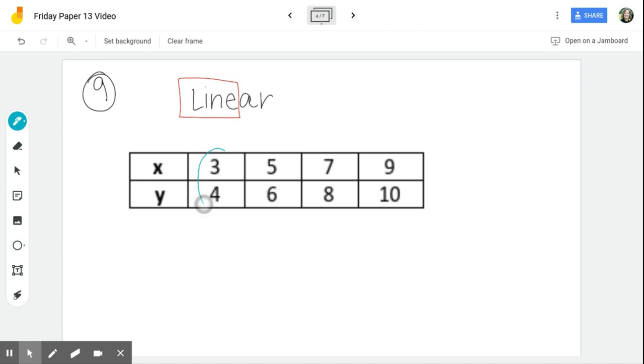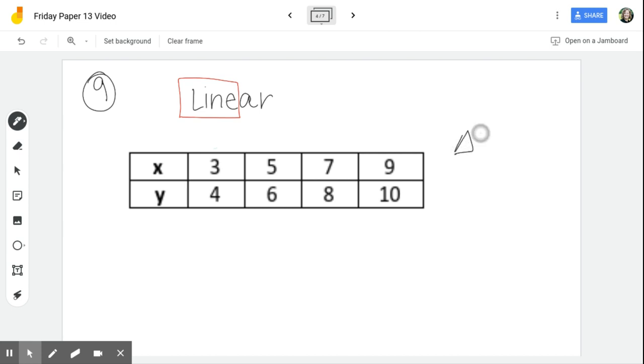for instance, this would be 3, 4. And this would be 5, 6. Do you see how those are ordered pairs? And I could graph those on a line. Well, one thing we can do when we want to know if something's linear is we can try to find the change in y over the change in x.